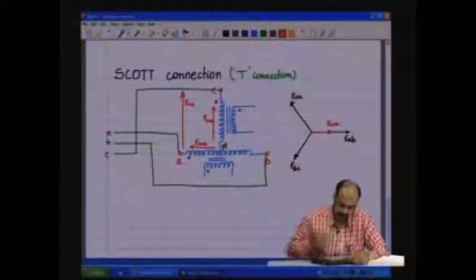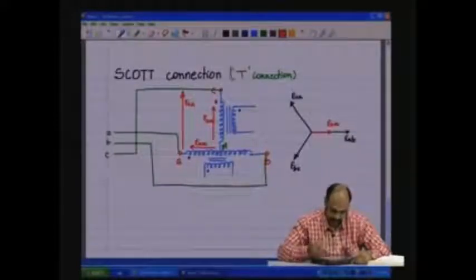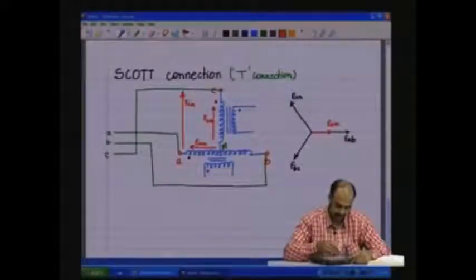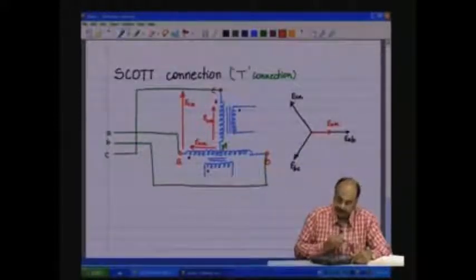Now, let us ECM and EMA, that is EMA is the reverse of this, plus ECM should be equal to ECA.